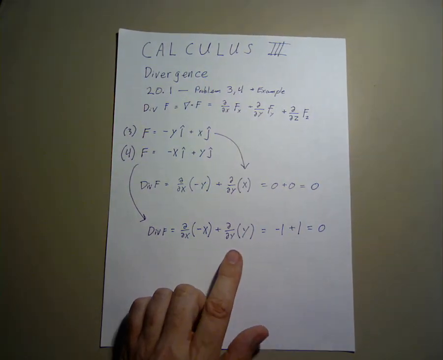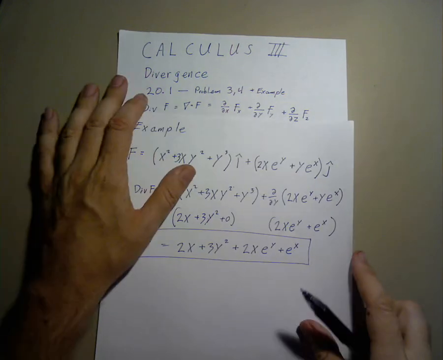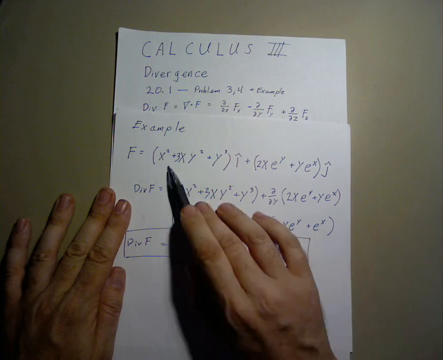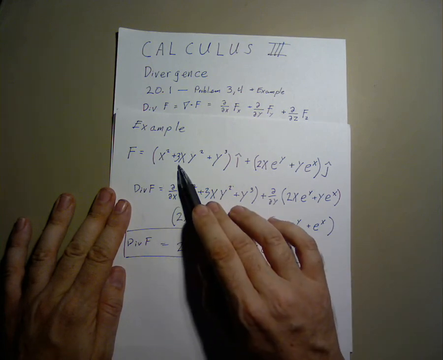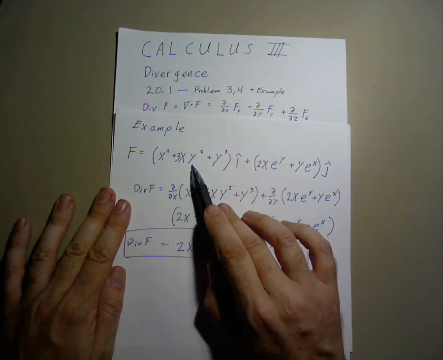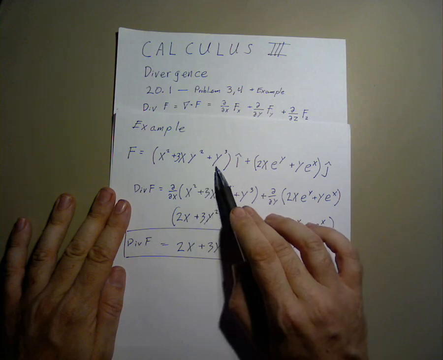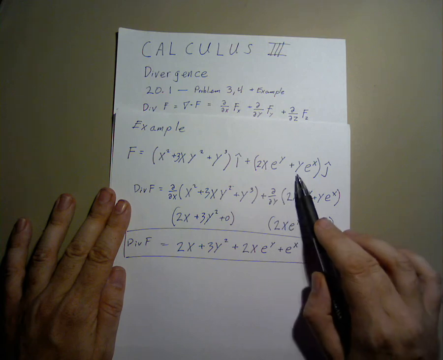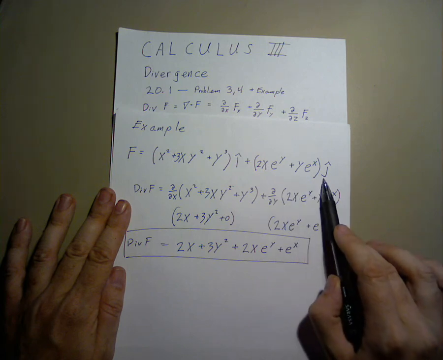A more complicated example, we'll evaluate the function x squared plus 3xy squared plus y cubed i hat, 2x e to the y plus y e to the x j hat.